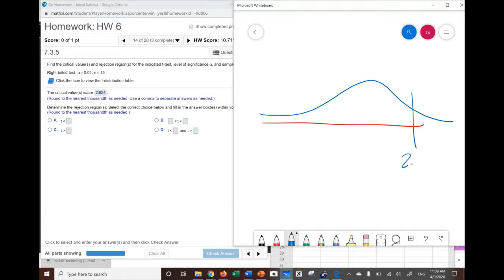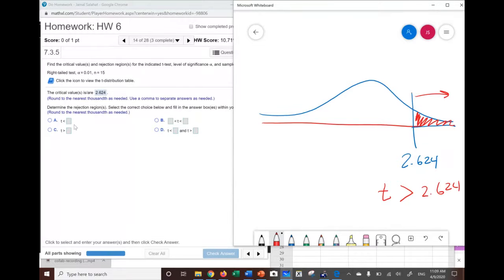Here is our 2.624, and this region here is the rejection region. So the rejection region here is anything greater than 2.624. So in this case, any t greater than 2.624.